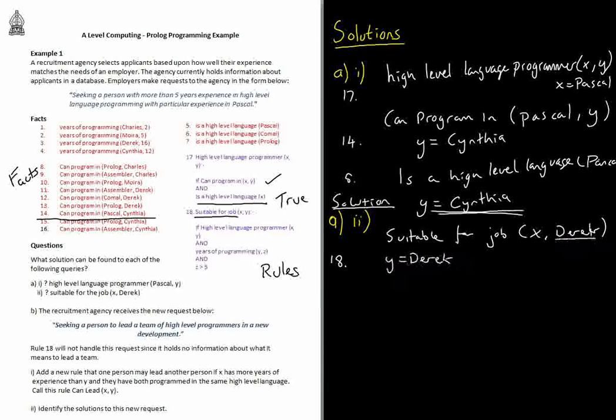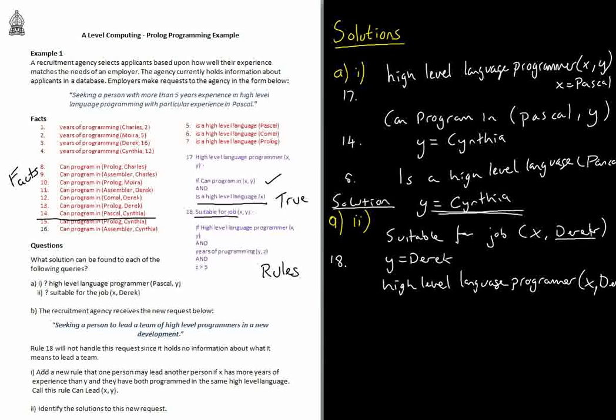Now, that rule then asks us to look at high-level language programmer X, comma Y. Let's look at that. Now I know what Y is, don't I? So I'm going to just change it. It's X, comma Derek.